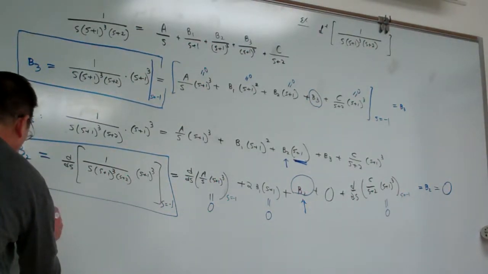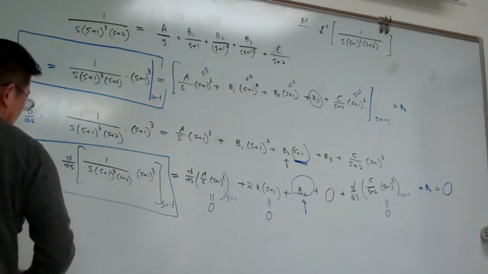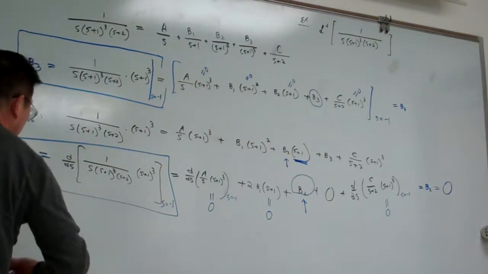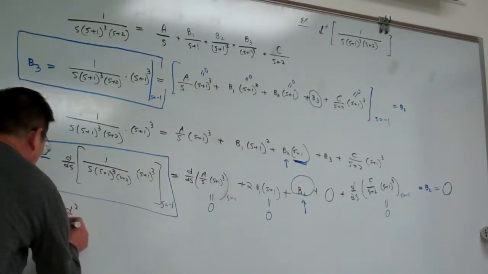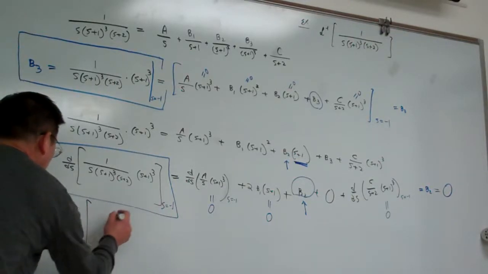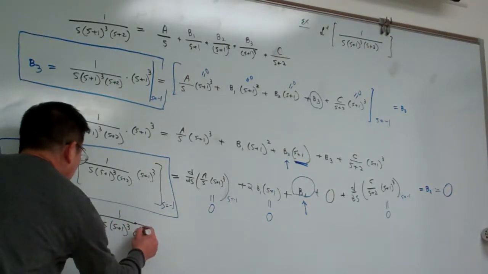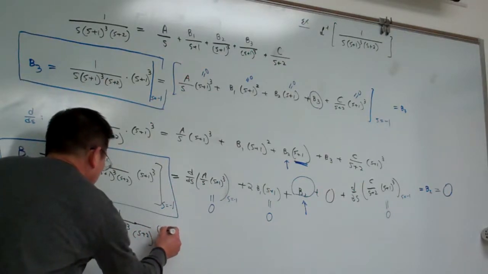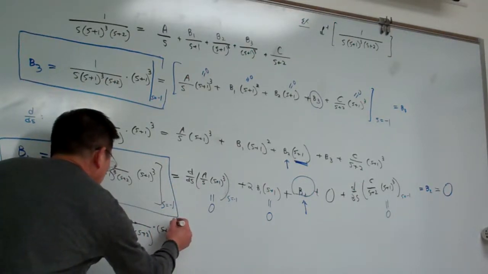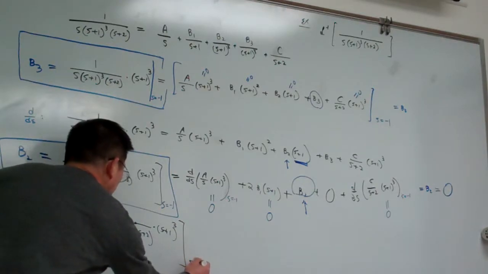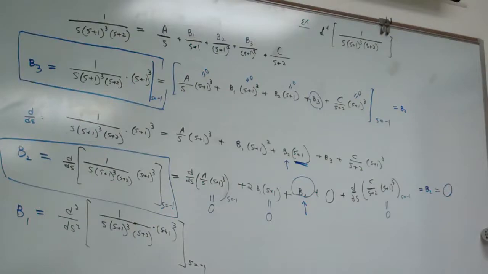B1 will be equal to d squared/ds squared of s plus 1 cubed times s plus 2 and s plus 1, at s equal to minus 1.